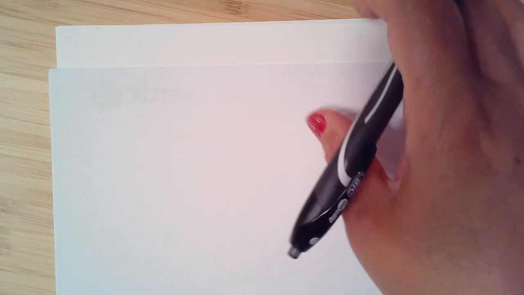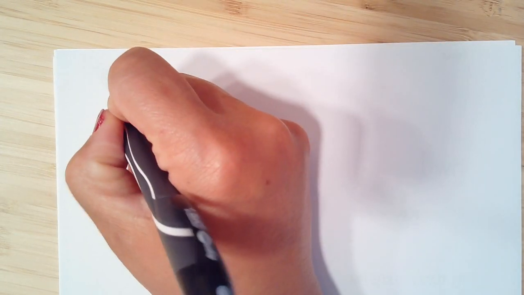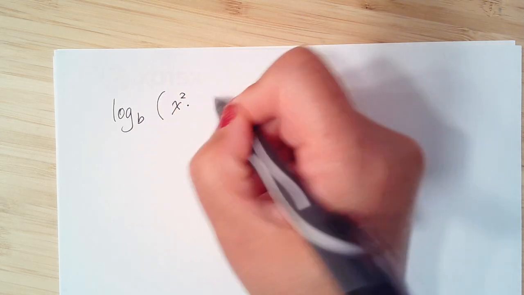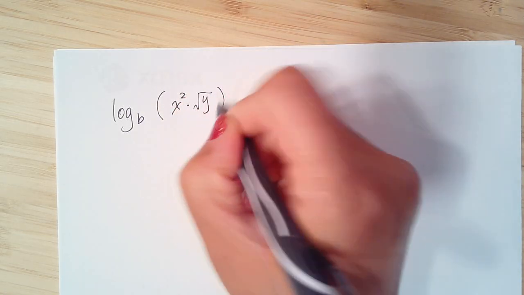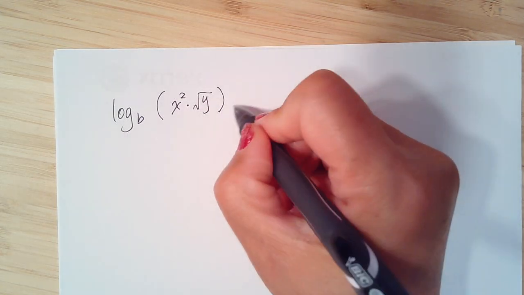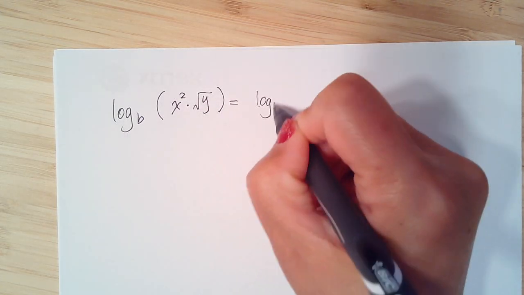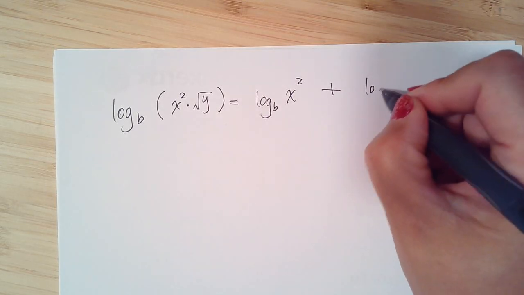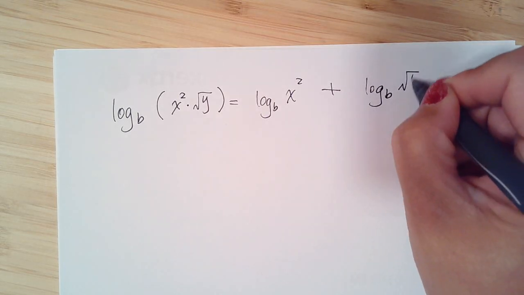All right, now let's work on something more complicated. Here, log b of x squared times square root of y. This is a log of a product, so we get log b x squared plus log b square root of y.